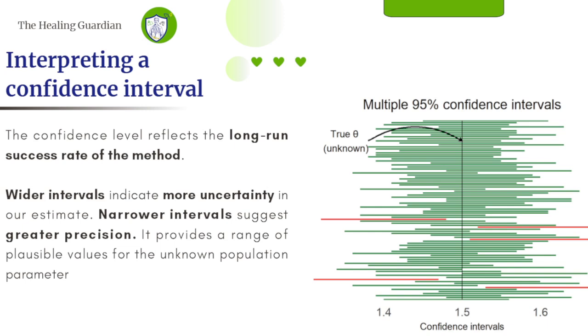How do we interpret confidence intervals? We have already talked about that. The confidence level reflects the long-run success rate of the method. Wider confidence intervals indicate more uncertainty. If you say that the average body weight in Uganda lies between 10 kilograms and 100 kilograms, it means you are not so certain, because you have given a very big range.